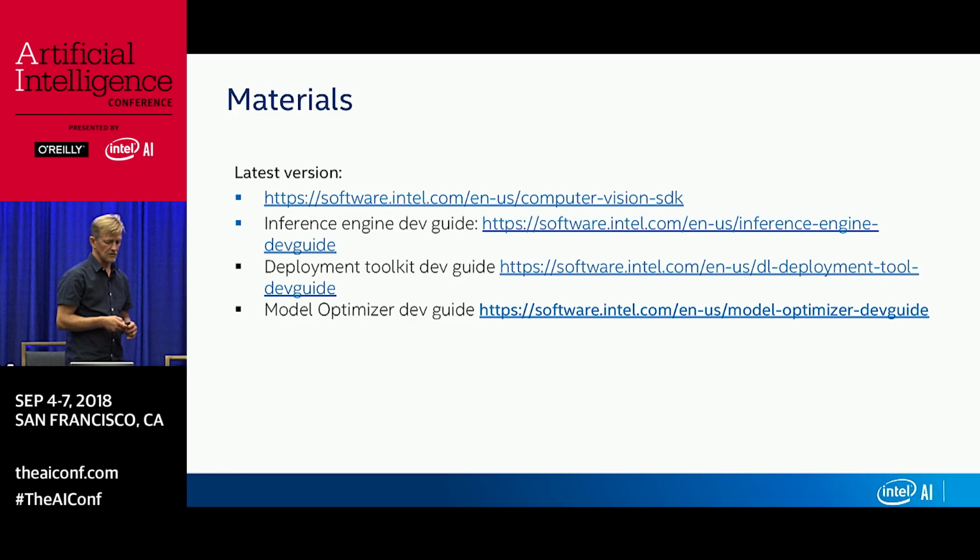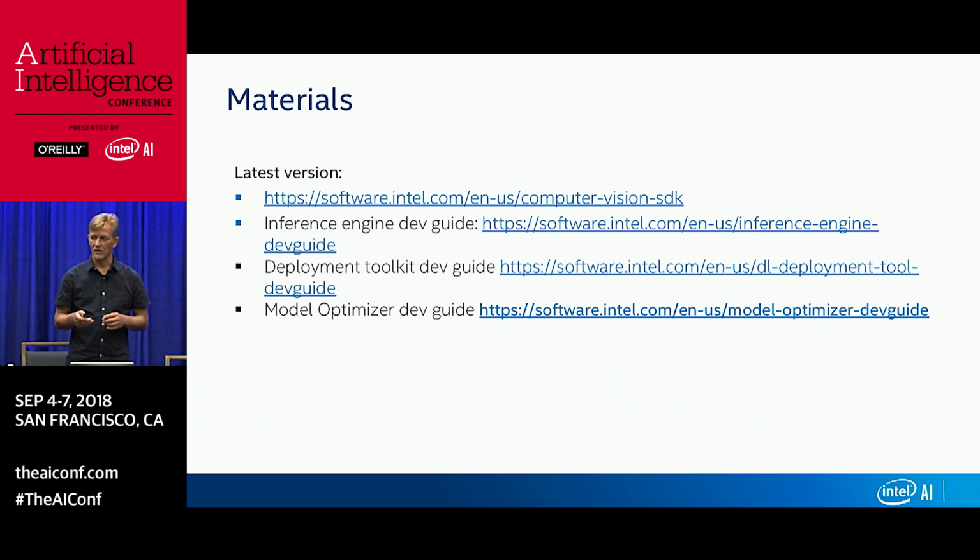We have some materials on the website, including getting started, some frequently asked questions, samples, and so on. So you can visit our landing page, software.intel.com computer vision SDK, and get more information about where to get Intel OpenVINO and how to start to use OpenVINO.